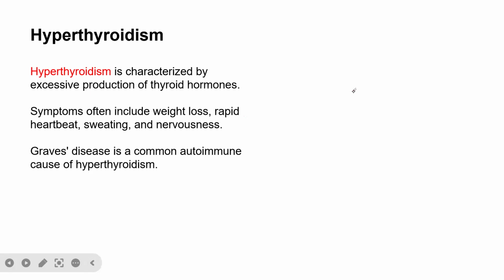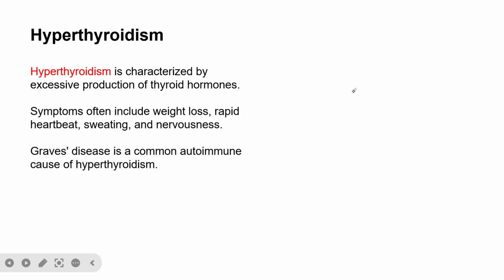Graves' disease is a common autoimmune disease cause of hyperthyroidism. So you see, Graves' disease is associated with causing hyperthyroidism. So you see, both hyperthyroidism and hypothyroidism occur as a result of autoimmune disease.